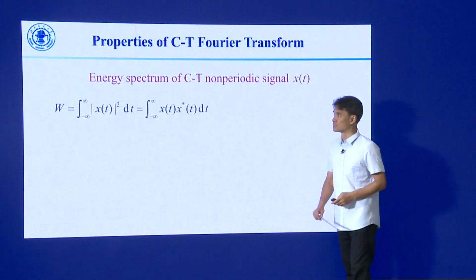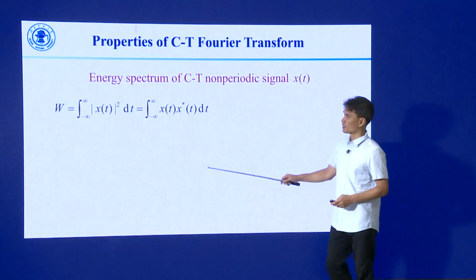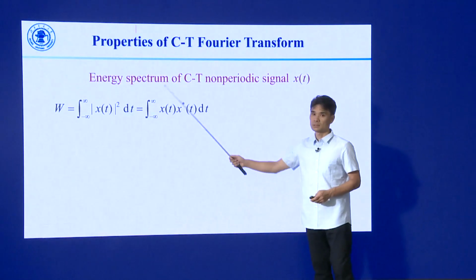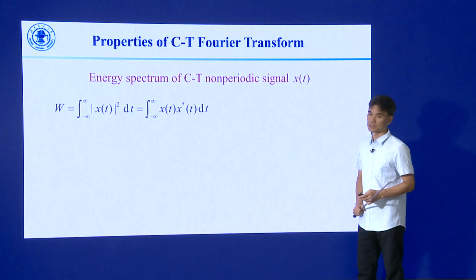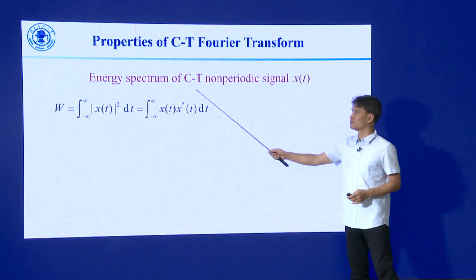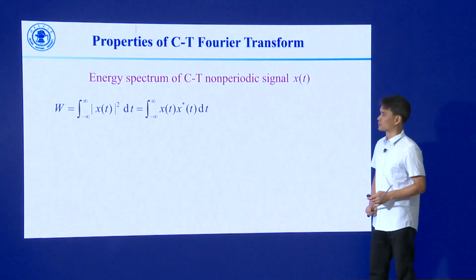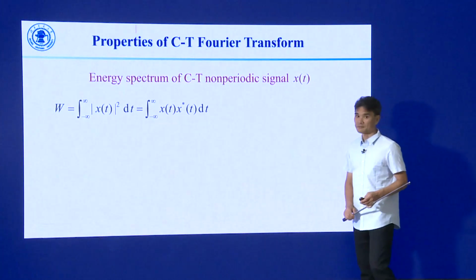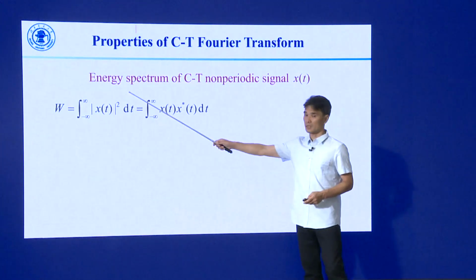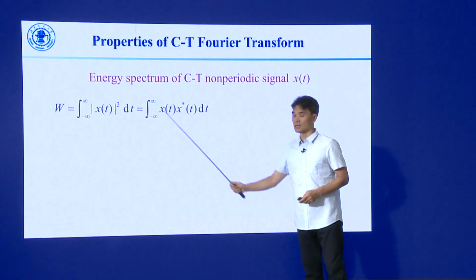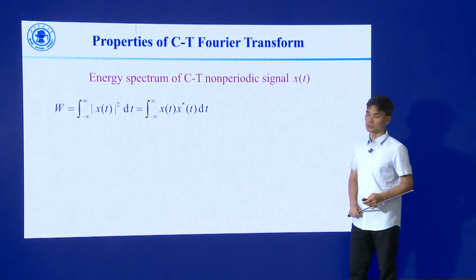Before we introduce the next property, we want to introduce one concept, which is called the energy spectrum of continuous time Fourier transform. Let's first figure out what is the energy of a given non-periodic continuous time signal.